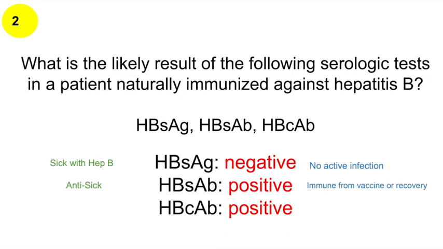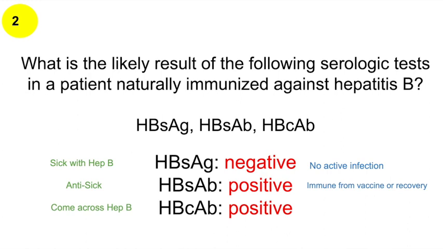The hepatitis B core antibody is also positive. The hepatitis B core antibody means that the patient has come across hepatitis B. This could be either an acute or chronic infection. So the fact that it's positive means that the patient had a previous infection.